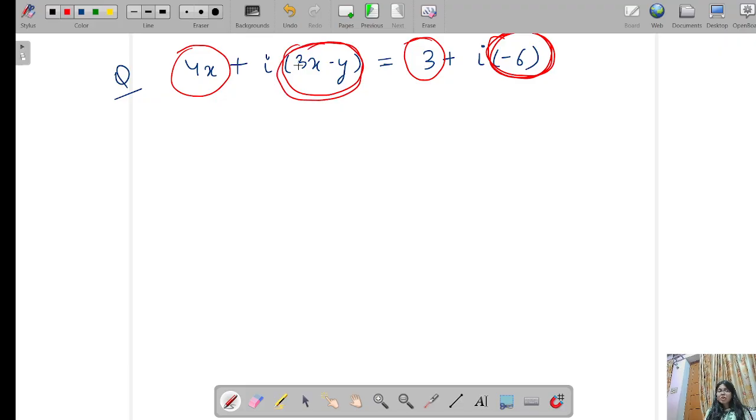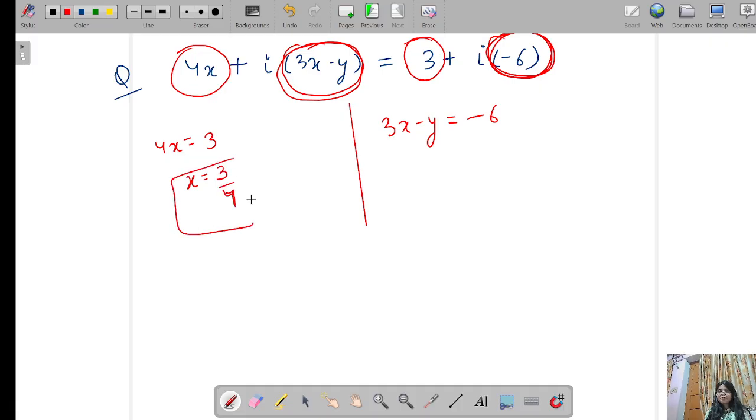Alright, now I'm going to equate 4x equals 3 and 3x minus y equals minus 6. Now I'm going to solve this to find the values of x and y. Yes, and here I can put the value of x so that I can find the value of y in this equation.